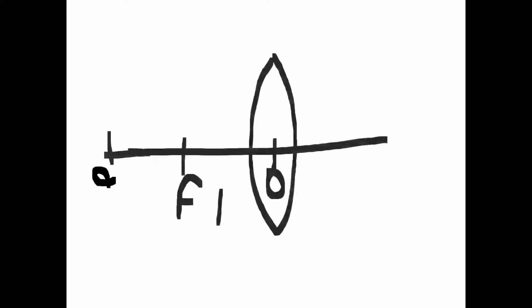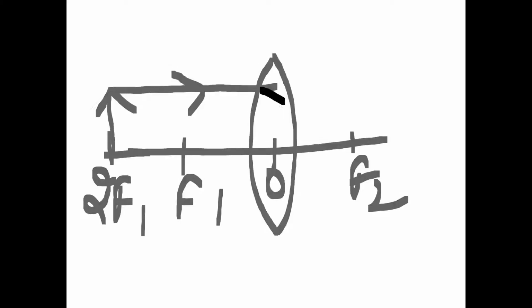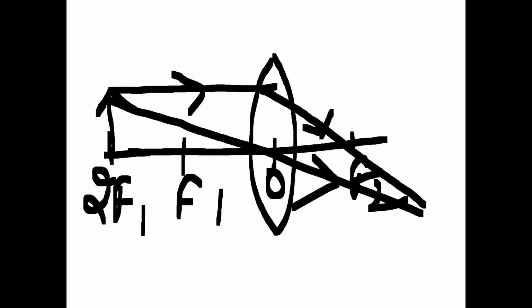Second is when the object is placed at 2f1. This is optical center, and this is f1, this is 2f1, and if the object is placed at 2f1, that time the ray will go parallel, then will pass through the focus, then it will pass through the optical center, and the image will be formed at 2f2.